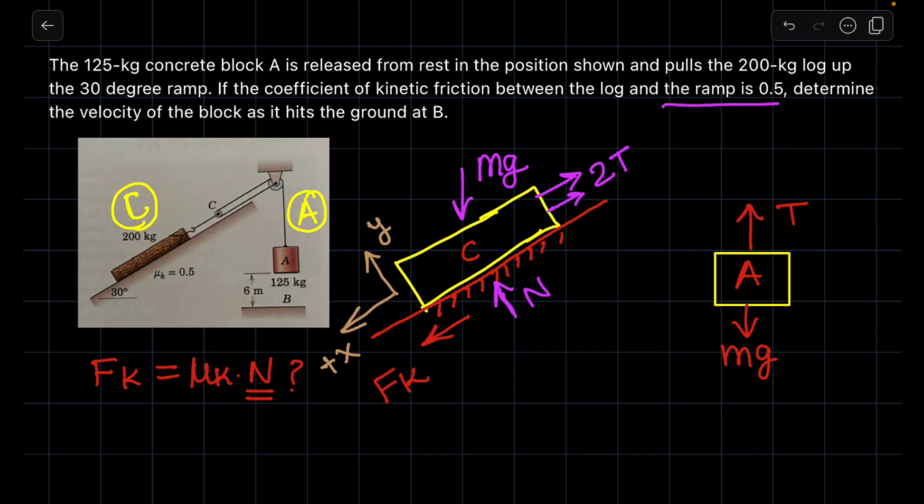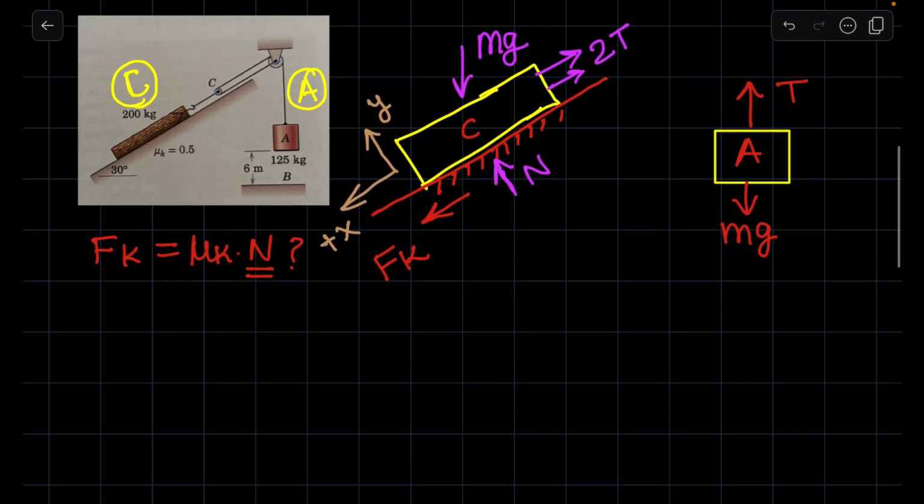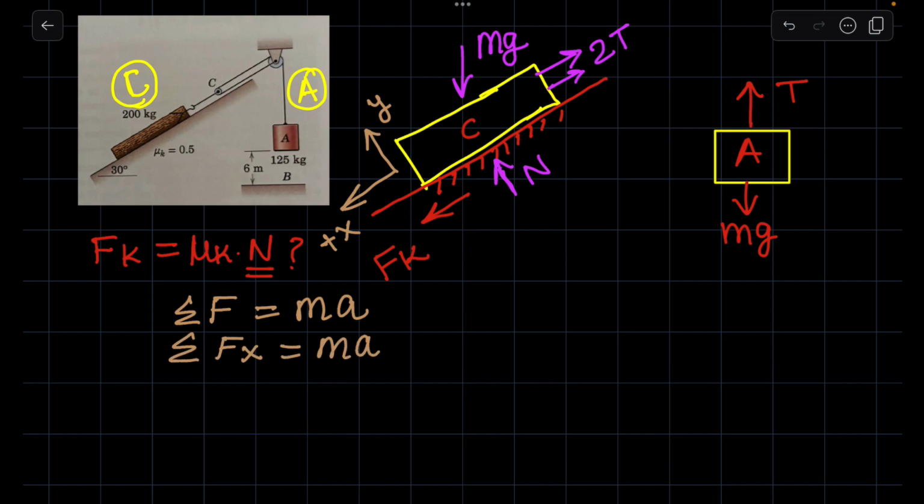Now I will solve the equation of motion for the body C. F is equal to ma, and I can make components: Fx is equal to m times the acceleration of the body C. Now let's solve this equation.